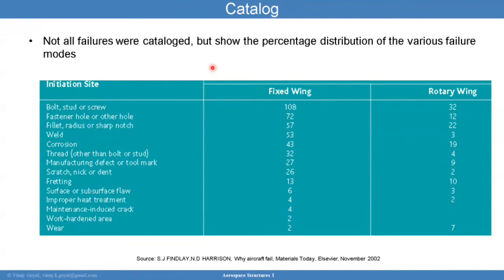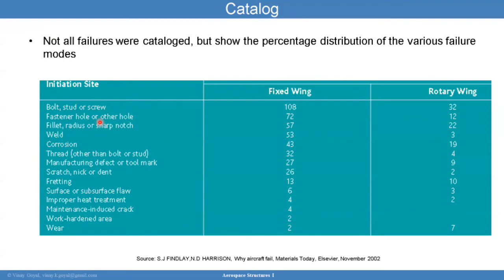And you can see here that for fixed wing aircraft or helicopter design, the failure initiation sites range from bolted areas, stress concentrations such as fillet radii, sharp notches, and weld locations. Welds are very notorious for having high variability.